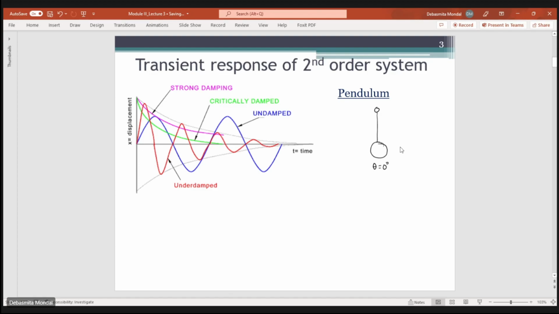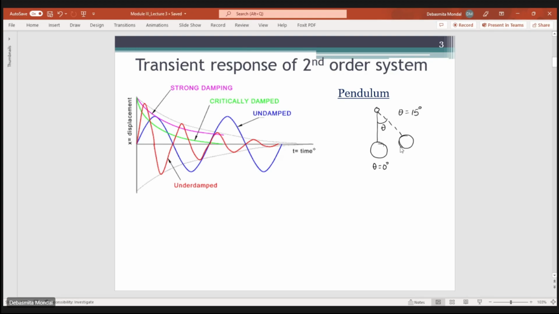Now let us assume that we give some initial condition, and the pendulum is somewhere over here, and this is the value of theta, let us say 15 degree. So we move this pendulum from its equilibrium position to a position where theta is equal to 15 degree, and from there we release the pendulum.